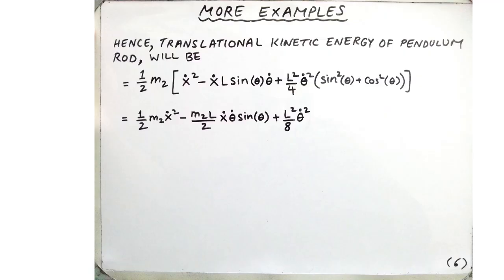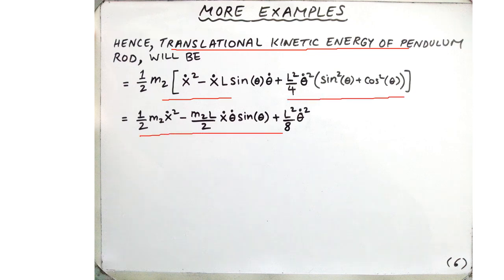So with that, we can finally write down the expression for the translational kinetic energy of the pendulum bar, which is the sum of the kinetic energy in the x-axis and the kinetic energy in the z-axis, which is half times m2 yCg dot square. The expression amounts to half m2 x dot square minus m2 L divided by 2 times x dot theta dot sine theta plus L square over 8 theta dot square.